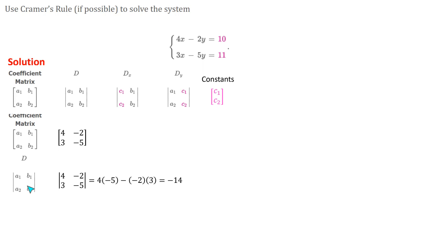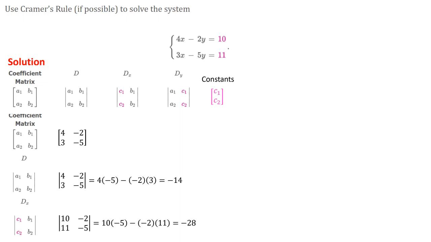So the determinant is going to be 4 times negative 5, and negative 2 times 3. So 4 times negative 5 is negative 20, minus negative 6. And so we get negative 20 and minus 6, so negative 14.